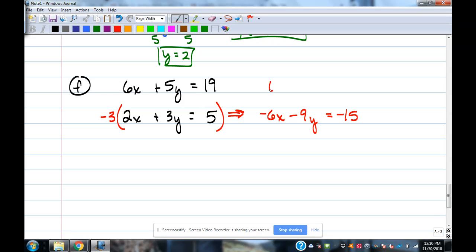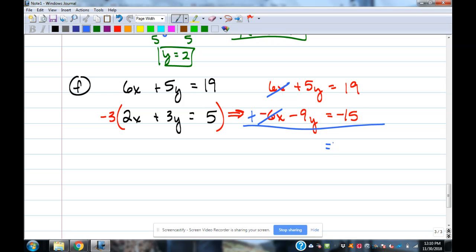And then the top one I'm not going to do anything to. And I'm going to add those together. What happens to the x's? They cancel out. That's what we want to happen. Then we have 5y plus negative 9y, negative 4y.